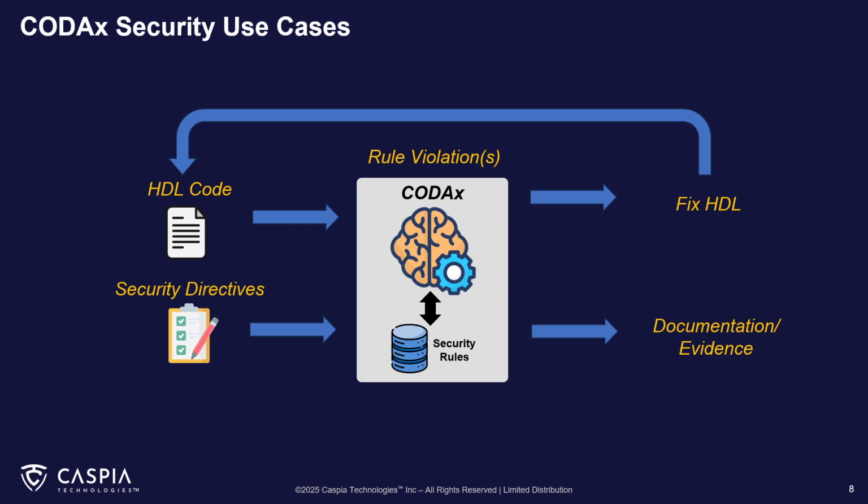The rapid nature of static verification allows users to quickly iterate on fixing the code before making any final commit. This process also helps produce documentation and evidence of checks performed that can be version tracked and maintained alongside the design.